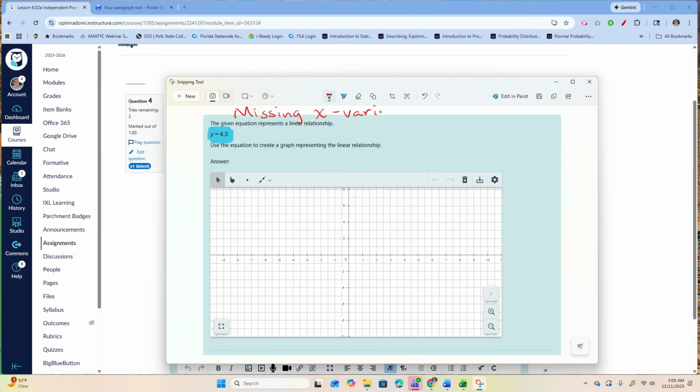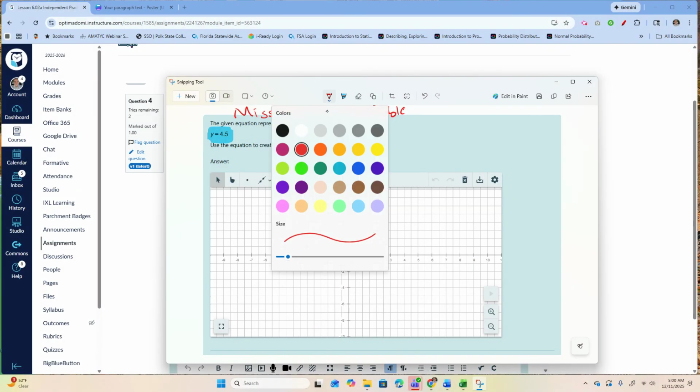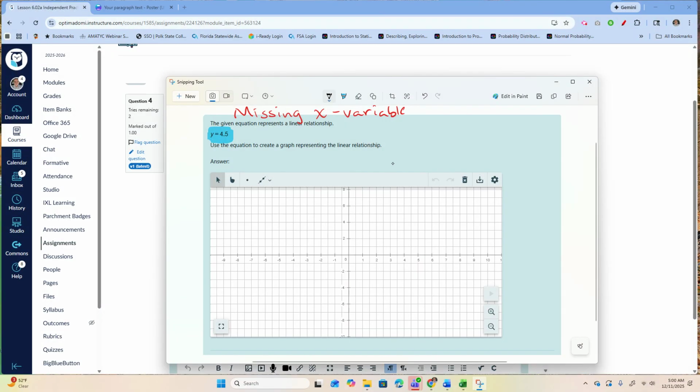It's missing it. You only have y equals a number. Here's what I want you to know, because I know this is the first time you're seeing this. Every time you see an equation that looks like this, y equals a number, what you're gonna draw is a horizontal line.